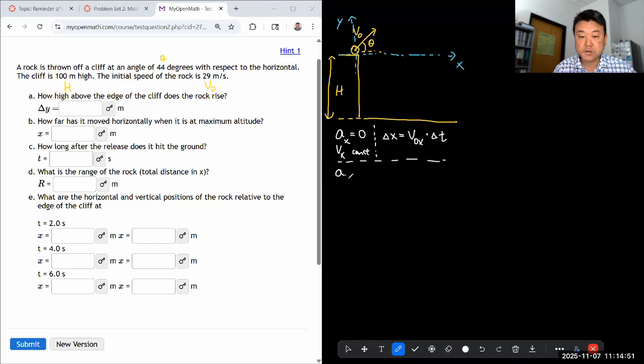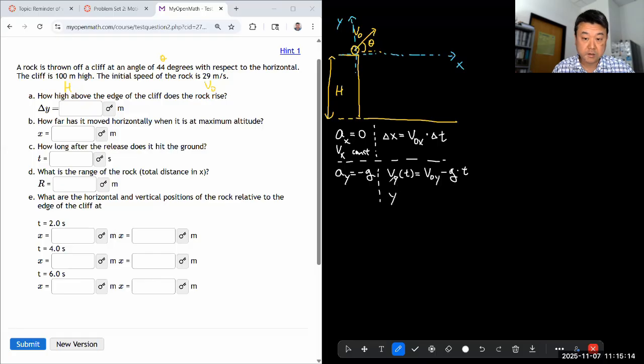The acceleration in the vertical direction is minus g, downward, the gravitational acceleration. So you're going to get two time-dependent expressions. For the speed in the y direction as a function of time, it's some initial speed, v naught y, minus g times t.